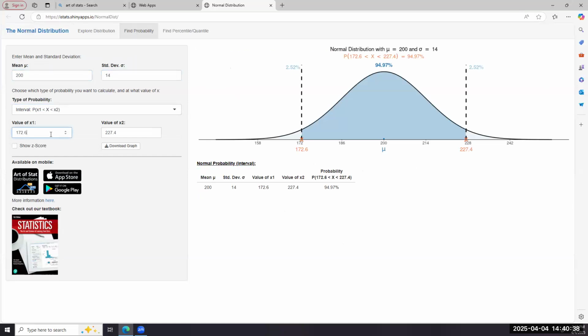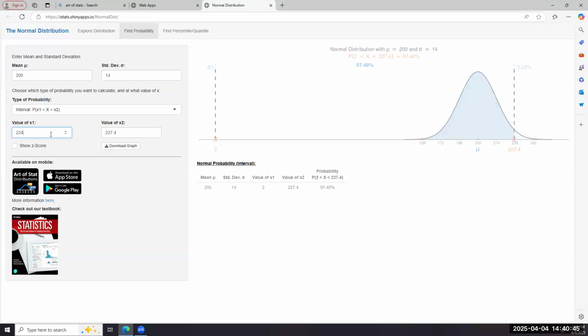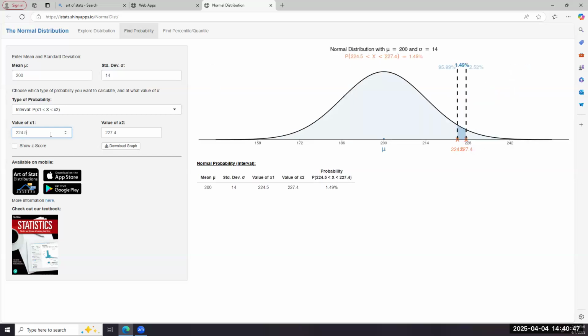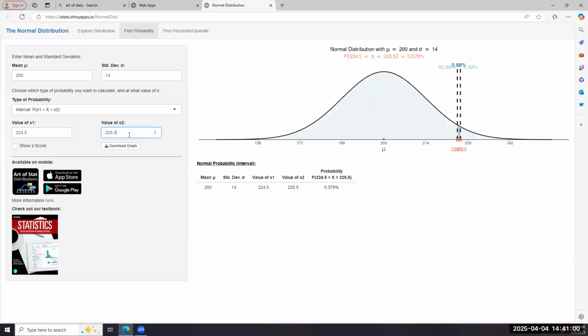Lower number 224.5, and the upper number is 225.5. That's it. This is going to be your x1 and x2.